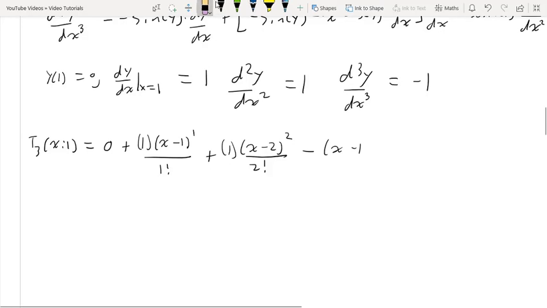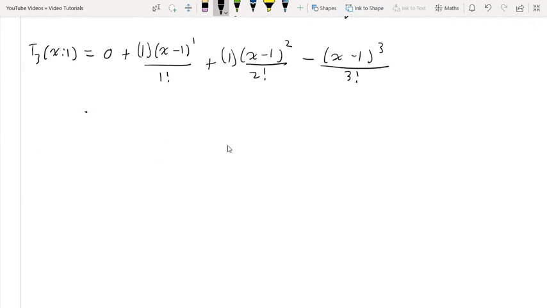Well, it shouldn't be a 2 over there, it should be a 1. If we simplify this out a little bit, I won't expand it, but I'll write it a bit more nicely. We're going to get x minus 1 plus x minus 1 squared over 2 minus x minus 1 cubed over 6.